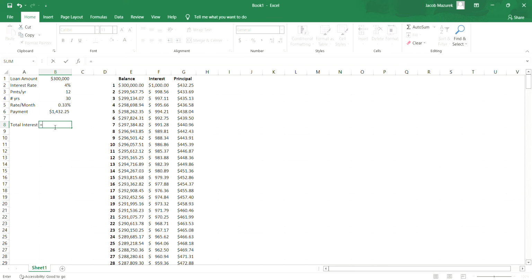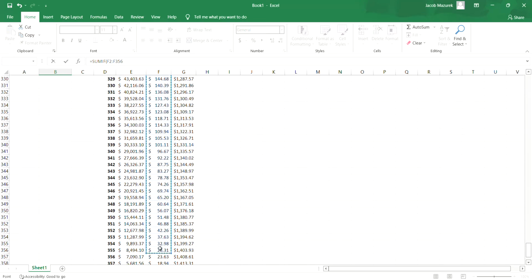All right, so equals sum. If I was just trying to add them up without the concern about them being greater than 0, then I would just use sum. But I'm going to continue with SUMIF. Now it wants me to choose the range, and the range is everything here. Next, it wants me to put in a criteria.